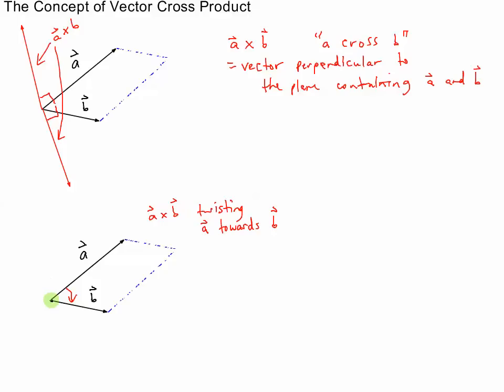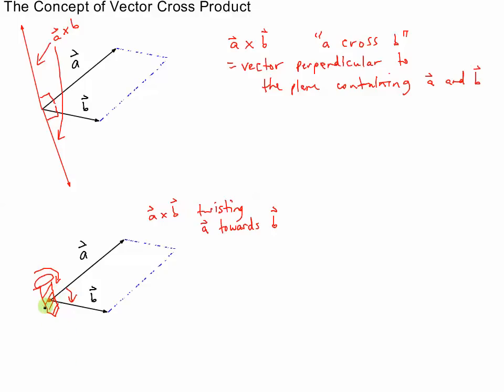And then you want to think about this point on the board, where you have a screw going in at a 90-degree angle to the plane. If you can imagine twisting this screw this direction, turning A towards B, you're rotating the screw clockwise.